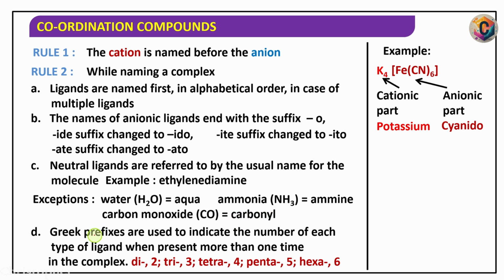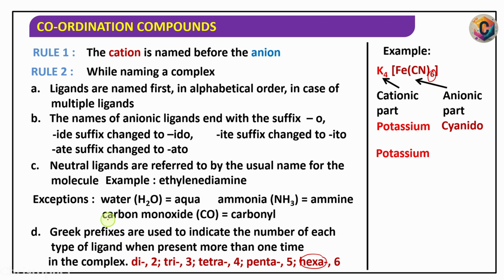The next point: if you have more than one ligand of the same type, you need to indicate the number of each type of ligand with Greek prefixes. You have to use di for 2, tri for 3, tetra for 4, penta for 5, and hexa for 6. In our case, this CN minus comes 6 times. For 6, we need to use hexa.